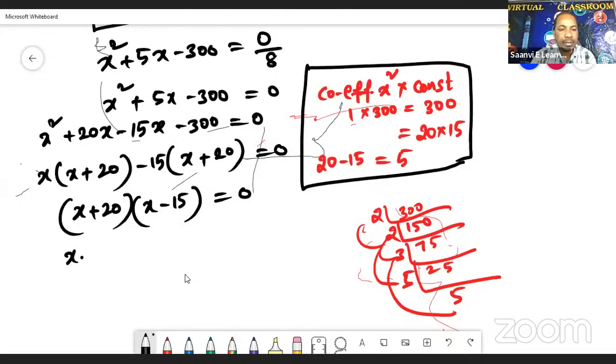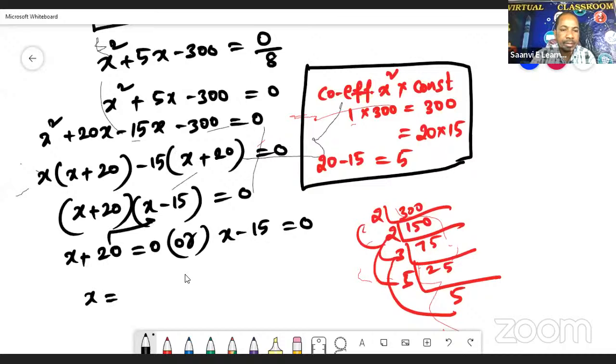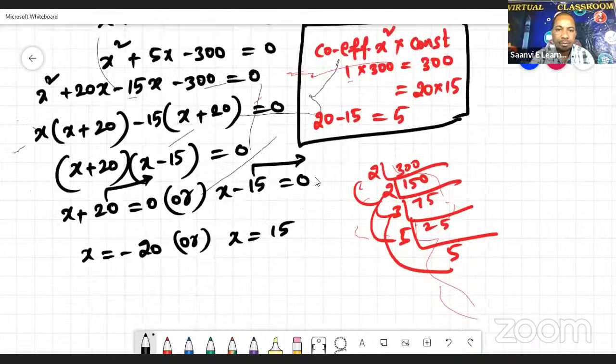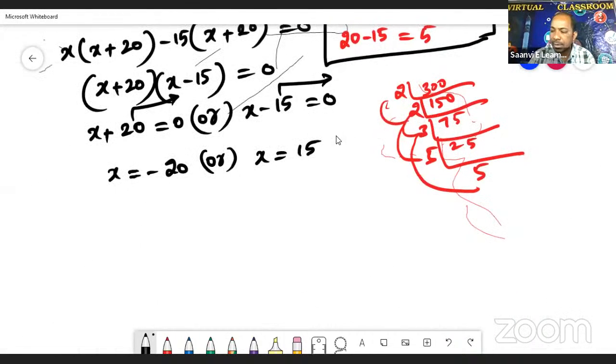It means x plus 20 is equal to 0 or x minus 15 is equal to 0. To get x values, this plus 20 we send to this side, and this minus 15 we send to this side. Plus 20 becomes minus 20, and minus 15 becomes plus 15.